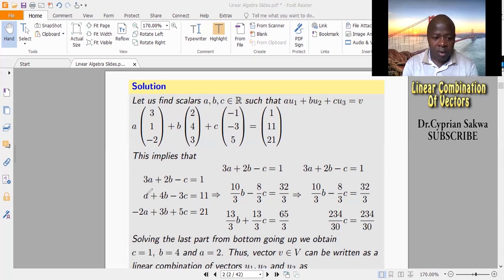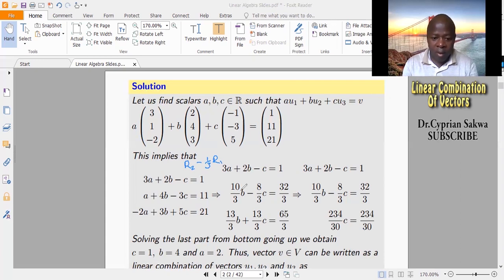So I want a 0 in this position. For me to get a 0 in this position, what I'll be doing will be row 2 minus a third of row 1 to give me my new row 2.